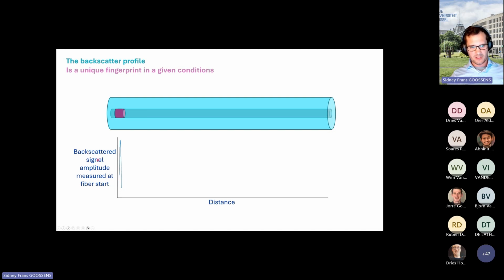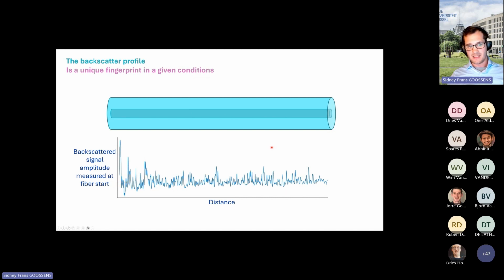So in this example here, you see the pulse of light going into the optical fiber while we measure the light that is being scattered back, and then you get this signature scatter profile that is a key to this optical fiber. This is the scatter profile that is unique for this optical fiber.